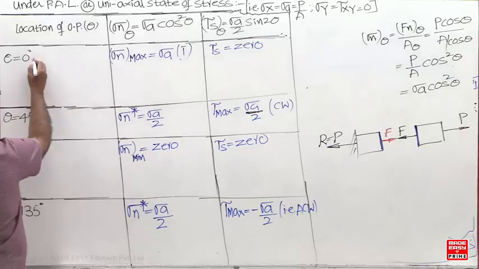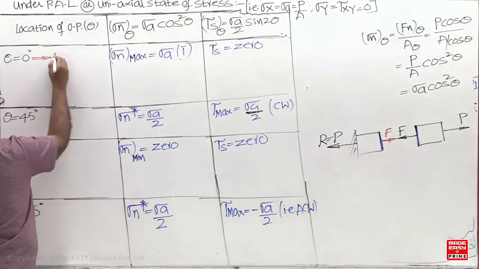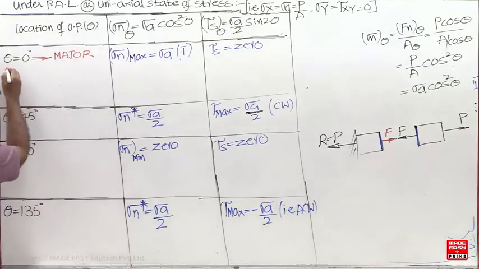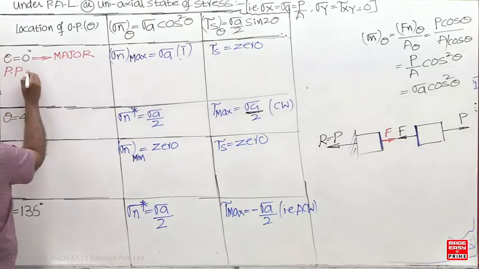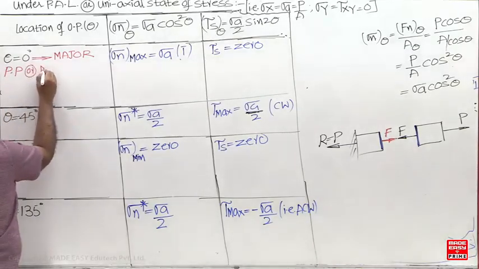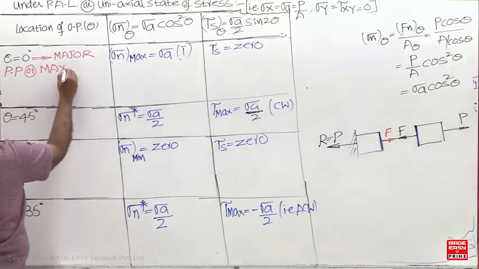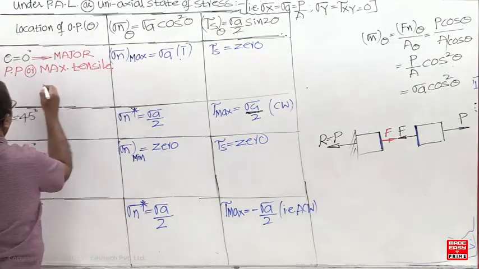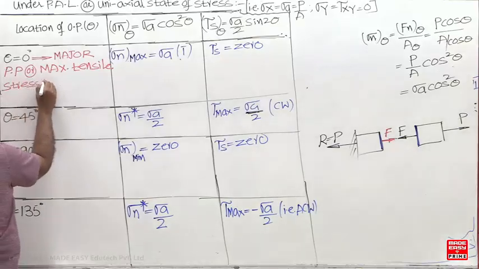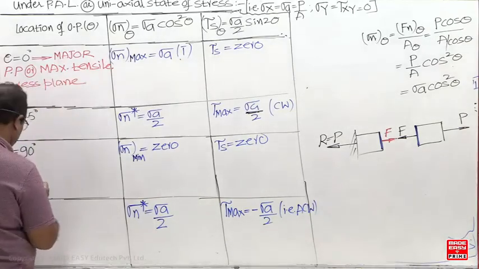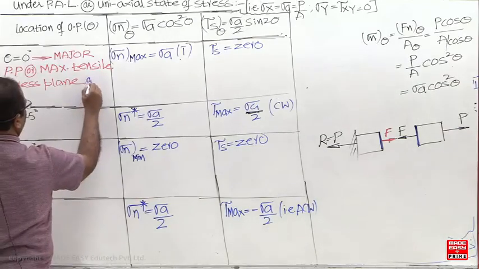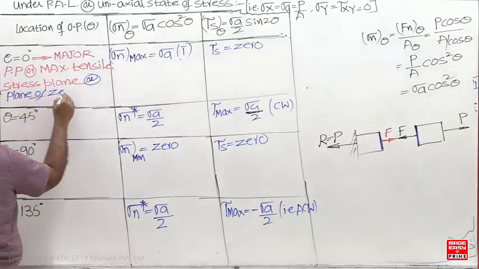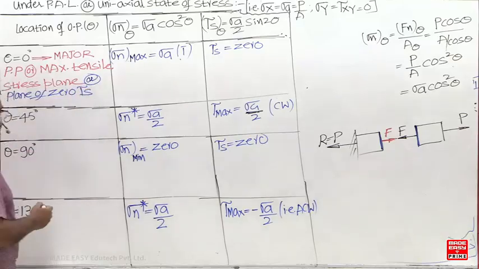So what should I call this plane? Major, in short form I am writing, major principal or maximum normal stress plane, plane of zero shear stress.